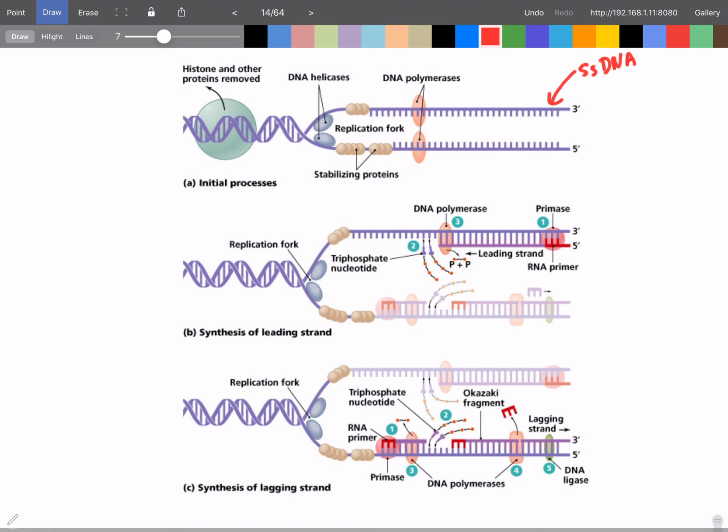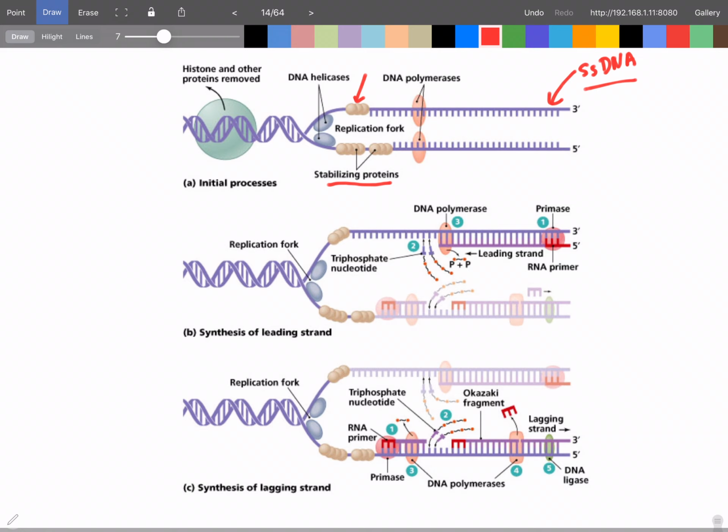They're just going to want to come back together like they were before, and so what the cell does is it sends in these proteins called single-stranded DNA binding proteins, or here they're showing them called stabilizing proteins, that prevent those hydrogen bonds from reforming. It keeps the DNA pretty much single-stranded until this replication process occurs.